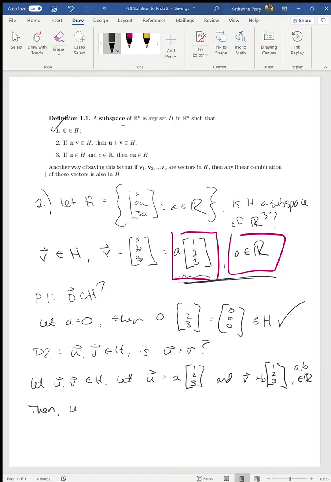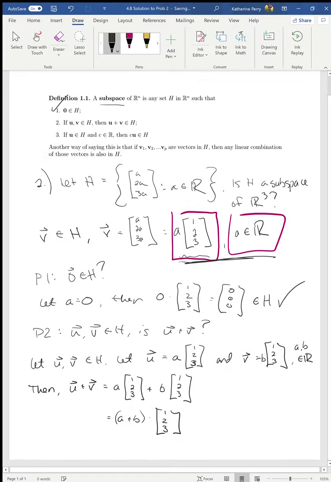Then U plus V is equal to A times the vector 1, 2, 3 plus B times the vector 1, 2, 3. But we know that this is equal to A plus B times the vector 1, 2, 3 by our distributive property.